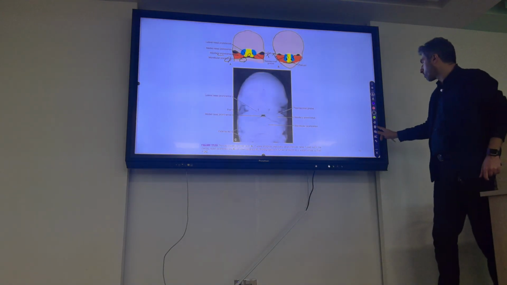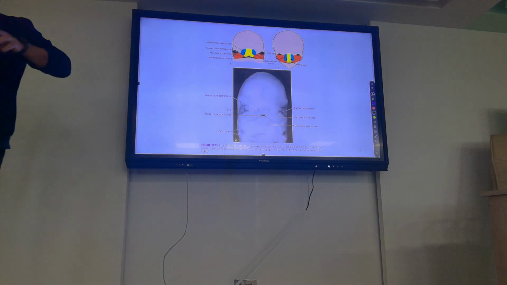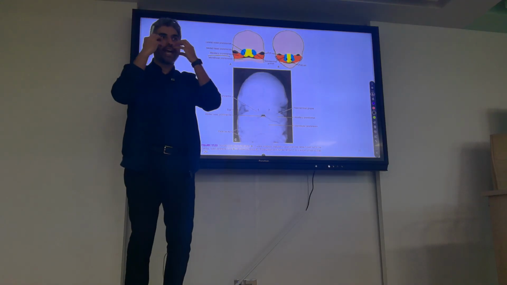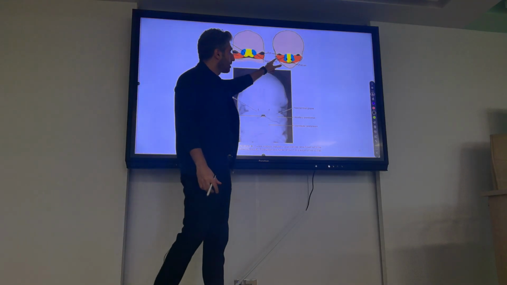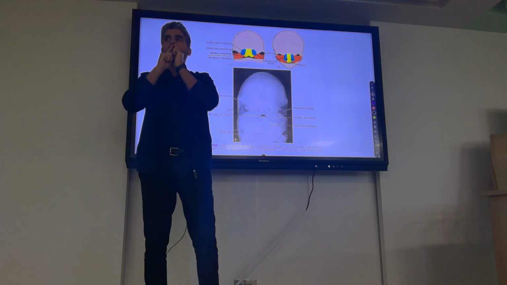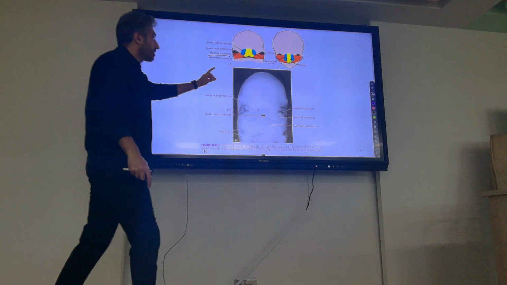Okay, this is a good picture. Finally, look at this attachment. The red colors are the maxillary prominence for the maxilla. They want to attach together. During this attachment, the two medial nasal prominences attach together. Look at here.